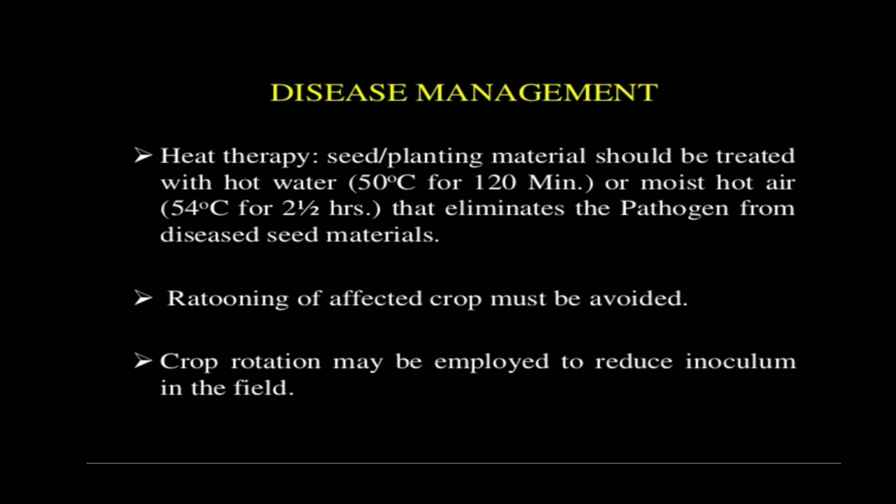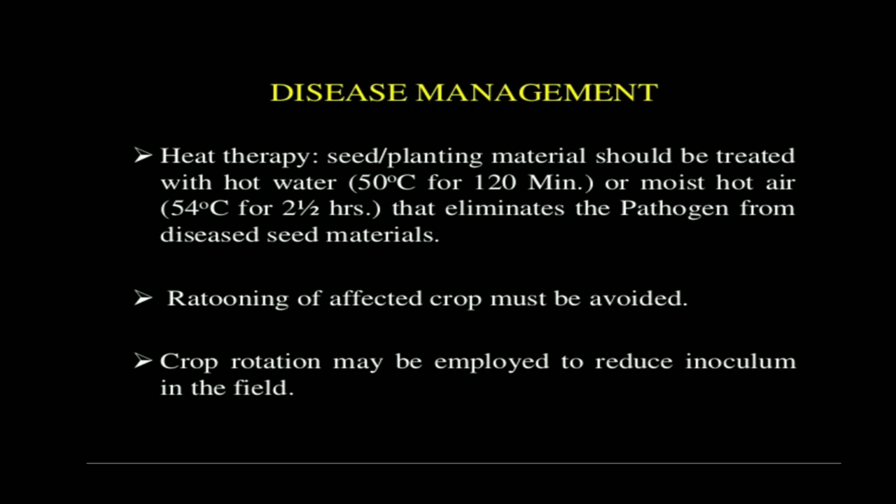Crop rotation may be employed to reduce the inoculum in the field. For example, if this year you are cultivating sugarcane, then next year go with groundnut or any other crop. This crop rotation is beneficial because this mycoplasma cannot attack different plants like groundnut.